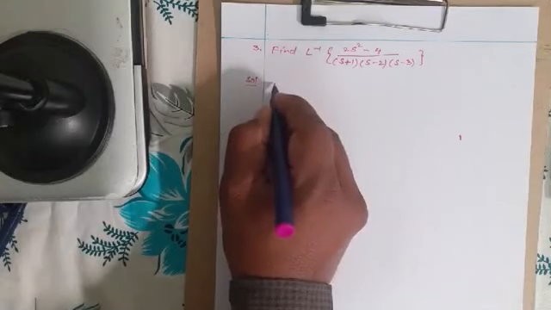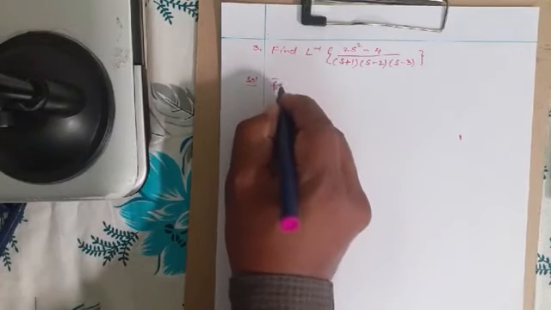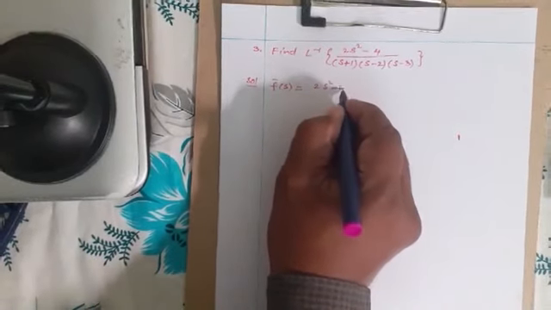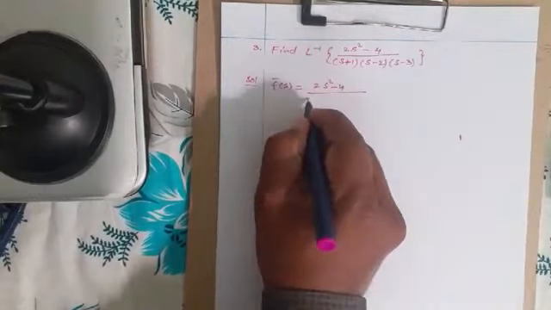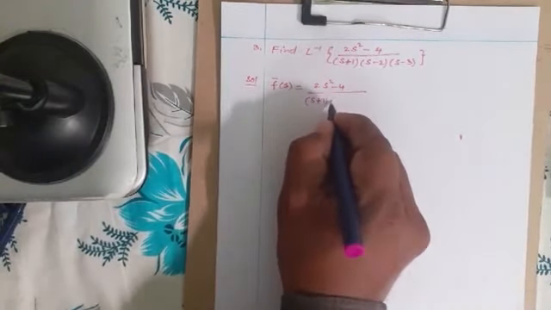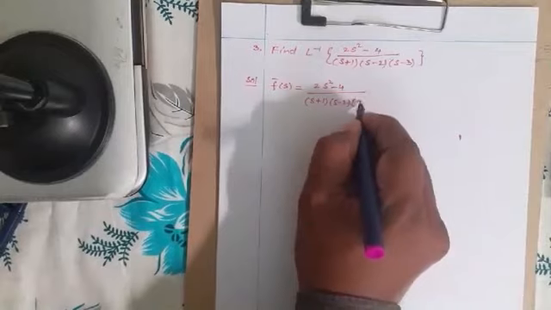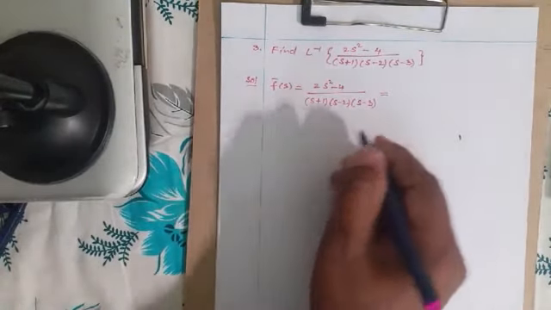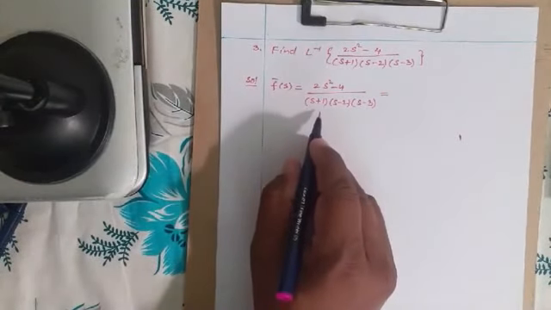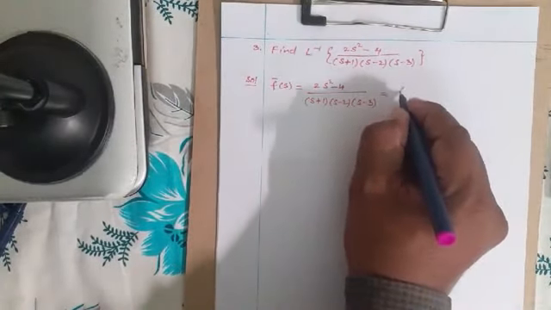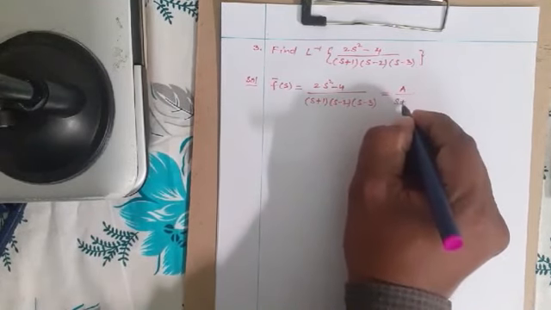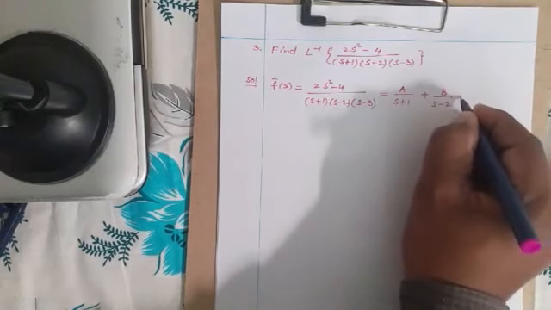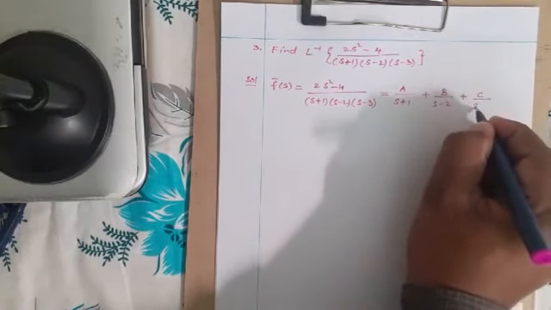I can write f bar s, which is given, is equal to 2s square minus 4 upon s plus 1 into s minus 2 into s minus 3. That is equal to, when you write in partial fractions, A upon s plus 1 plus B upon s minus 2 plus C upon s minus 3.